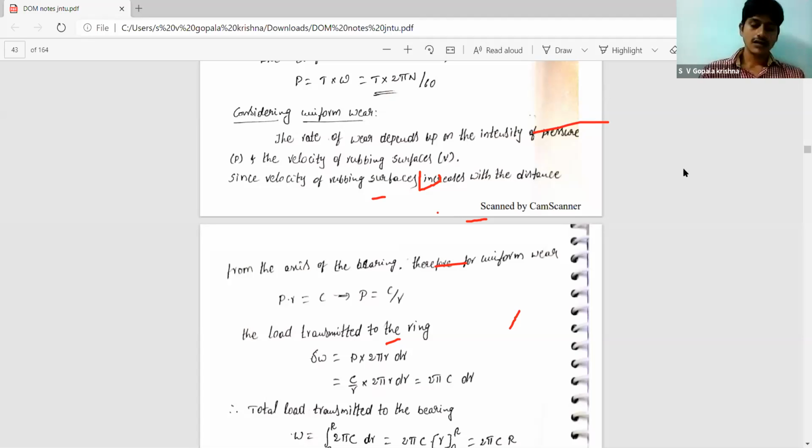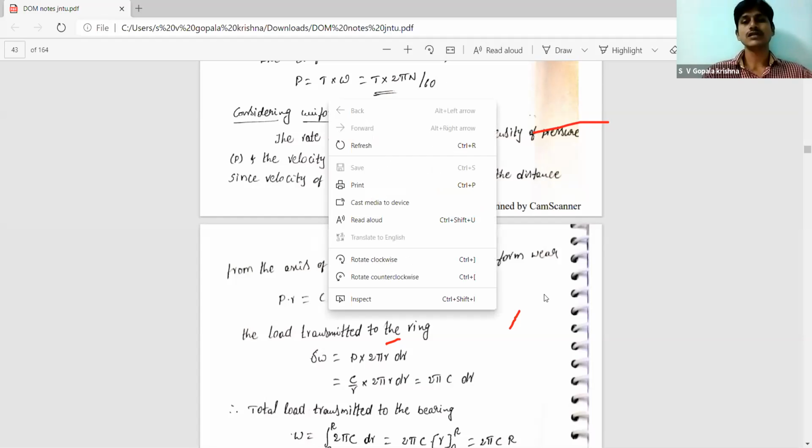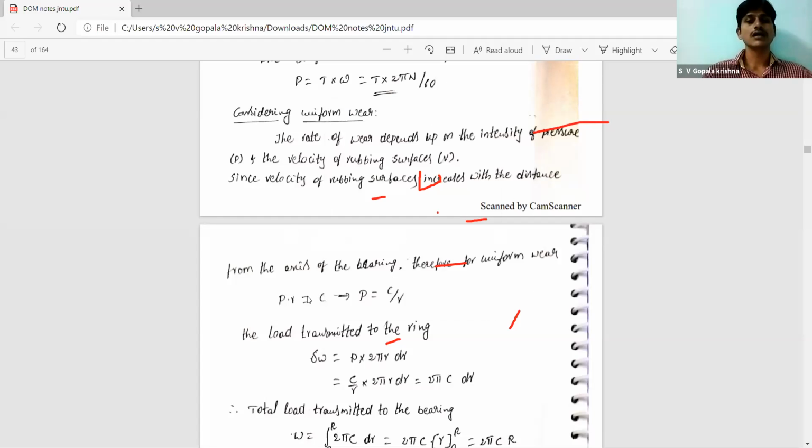So for uniform wear, we take P into r equals C, constant. P r equals constant, where P is the pressure and r is the radius. So P r equals constant, that is C.